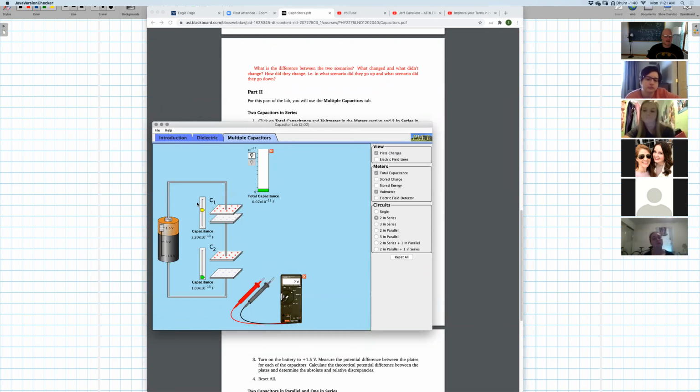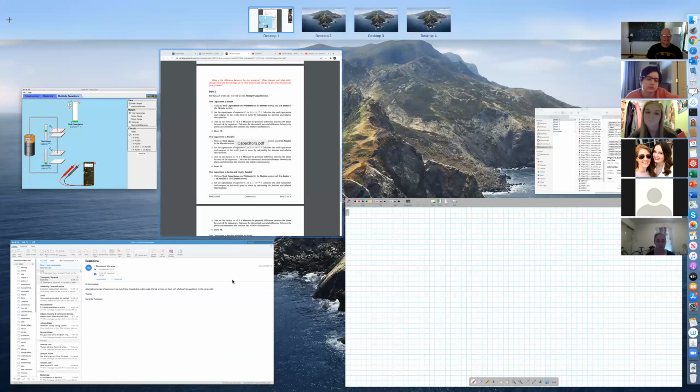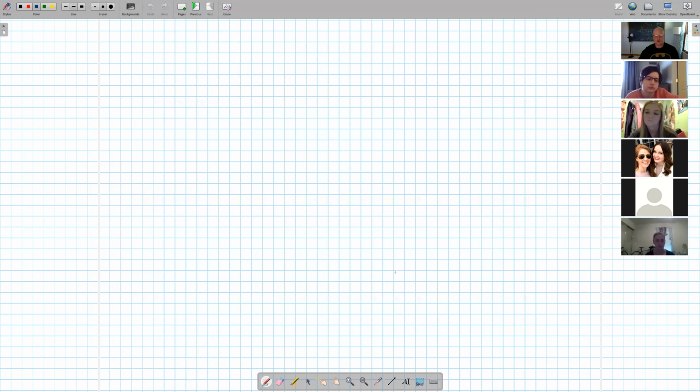So here we're going to have C2 is 2.2, and then we have C1 is 1. So in this case, we have then the total capacitance. We have 1 over CEQ is going to be equal to 1 over C1 plus 1 over C2. Okay. So from here, we get CEQ is going to be equal to C1 times C2 divided by C1 plus C2.